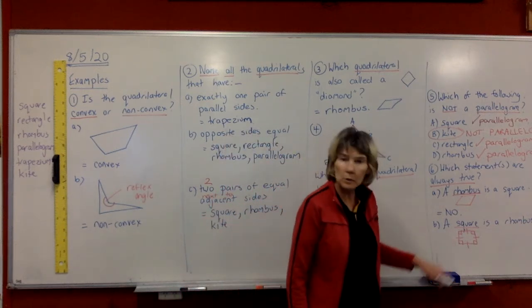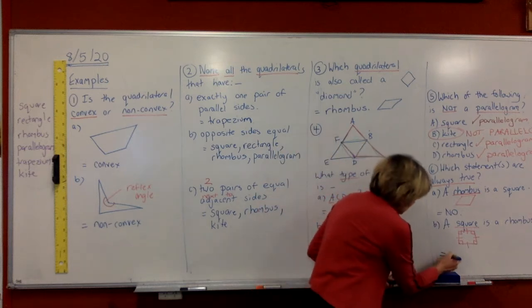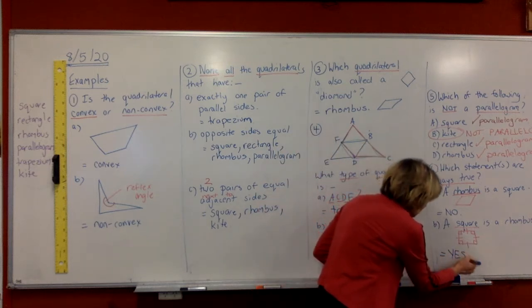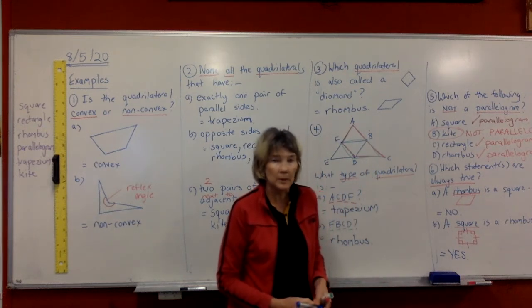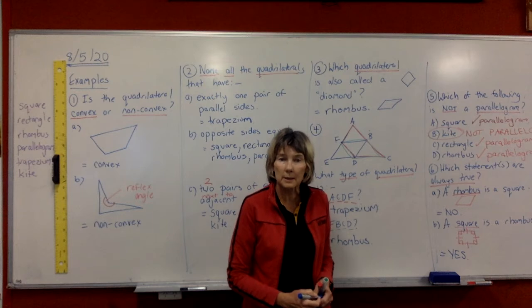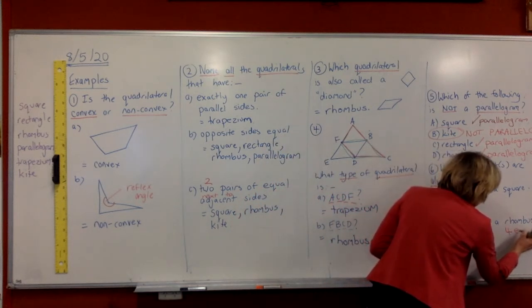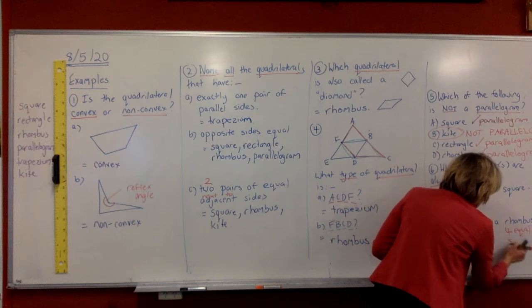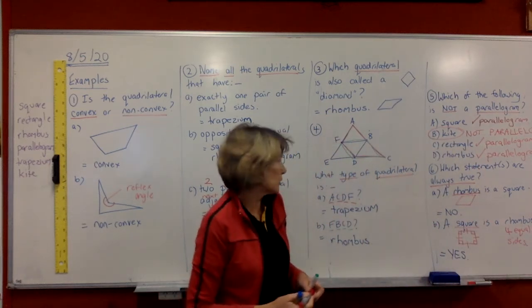Does that have 4 equal sides? Yes, it does. It's got 4 equal sides. So that's always going to be true. A square is a rhombus. It has 4 equal sides. So if that shape has what this needs, which is 4 equal sides, then the answer is yes, it's always going to be true.